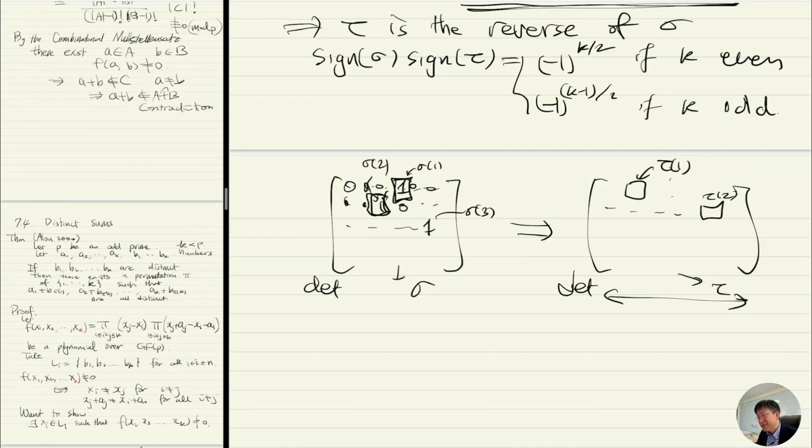That's why you have minus 1 to the k over 2. If k is odd, the middle column is fixed, and the number of swaps is k minus 1 over 2. So you swap the first column and the last column, the second column with the second last column, etc. That's why the product of signs is this.